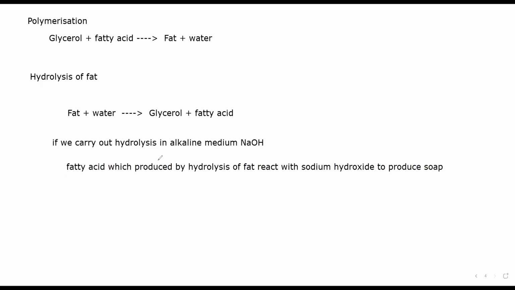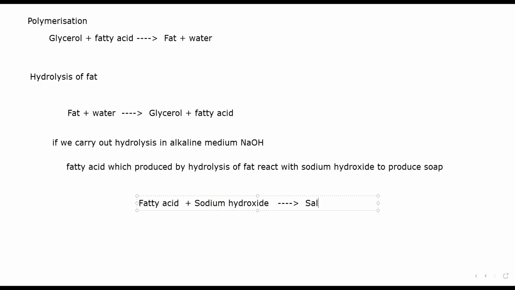So basically what happened, the fatty acid, which is carboxylic acid, reacts with sodium hydroxide. Sodium hydroxide is an alkali. So fatty acid plus sodium hydroxide, what does it result in? This is like an acid-base reaction, so it's a neutralization.